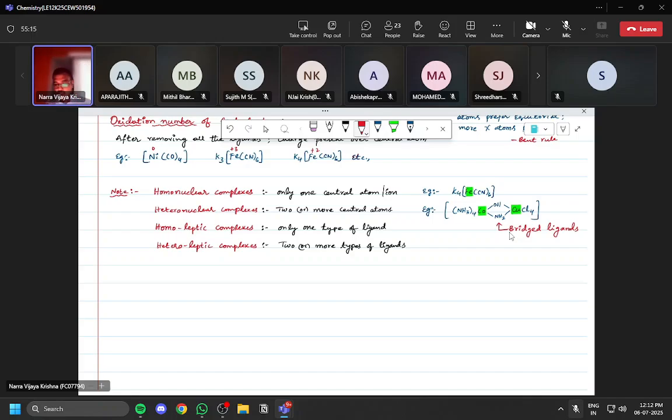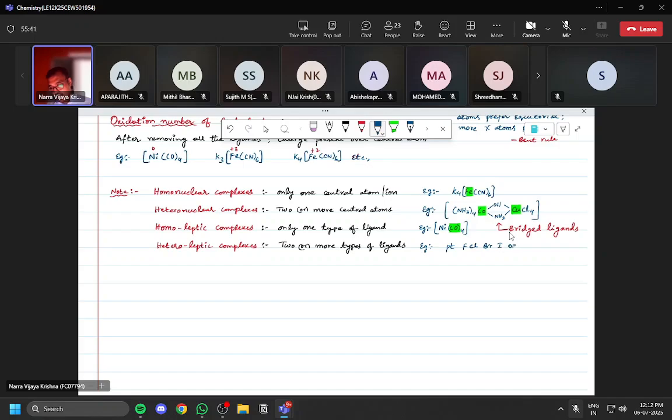Now, homoleptic means only one type of ligand. So Ni(CO)4 here, only one type of ligand. Here I am taking platinum, fluorine, chlorine, bromine, iodine, 1, 2, 3, 4.